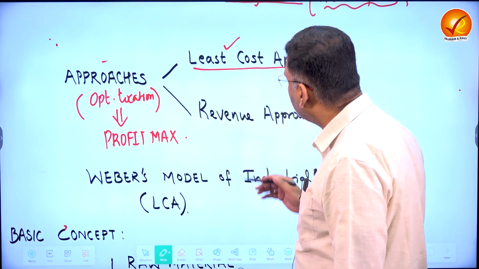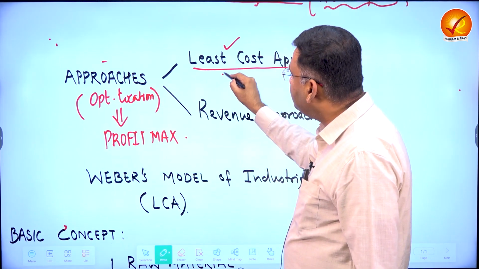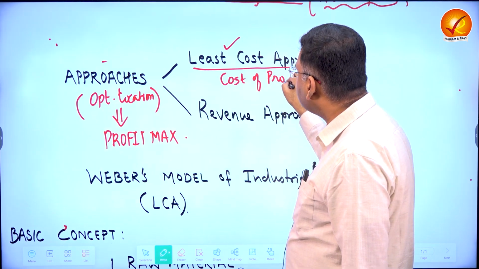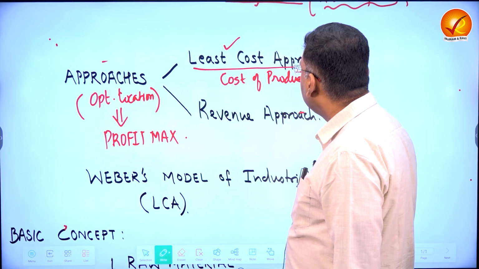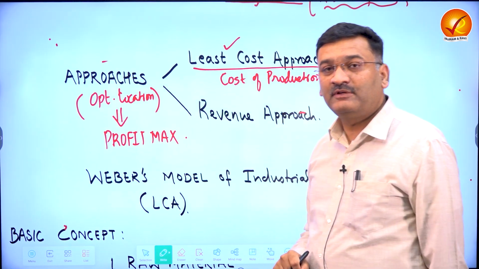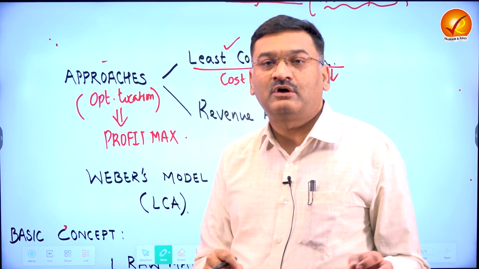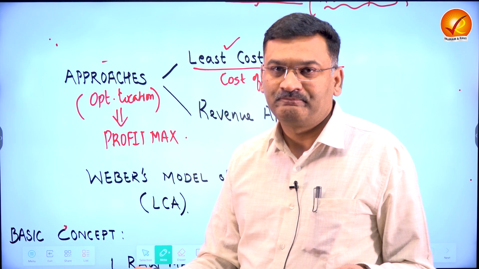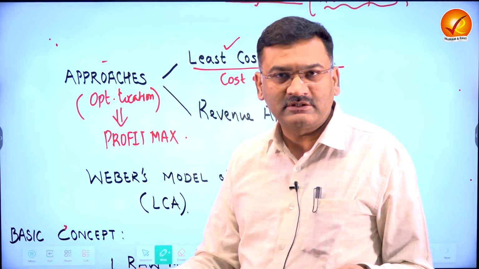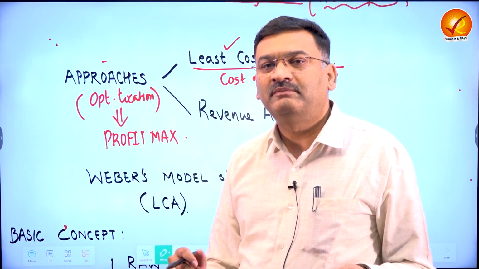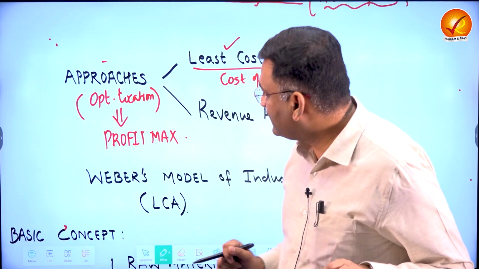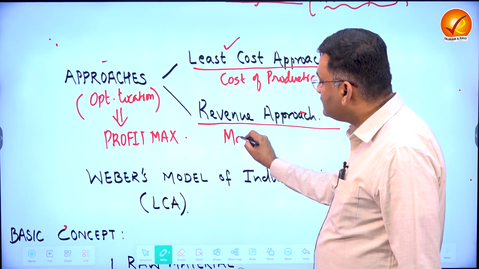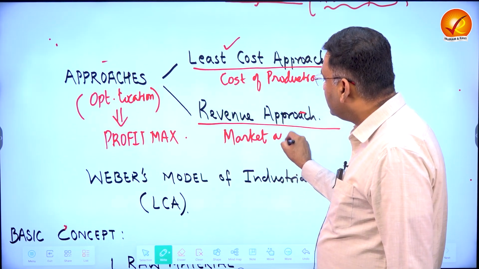In the least cost approach, we try to identify the location where the cost of production is minimum, where we will be able to further reduce the cost of production. Comparing with the market price of a particular product, if the cost of production is minimized, obviously the profit will be maximized. Next is the revenue approach, also known as the market approach.